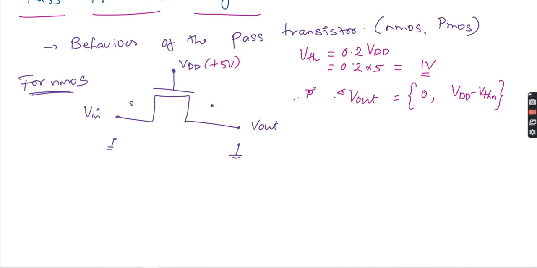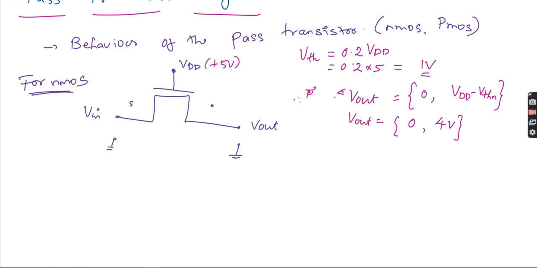The range of Vout will be 0 to VDD minus VTHN, because when you vary from 0, the transistor slowly turns on, but as it reaches the threshold voltage it loses that amount. So VDD minus VT. Here the range of output will be 0 to VDD, which is 5, minus 1, totally 4 volt. The range is this only.